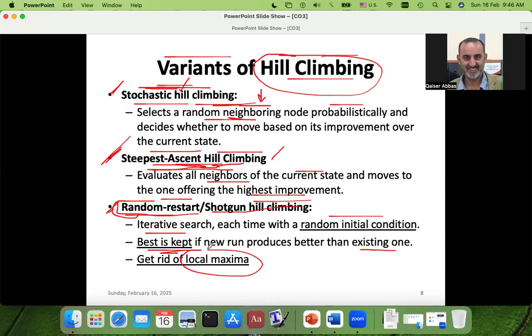So local maxima means all the local maximums; you will not get stuck on those. If you have many local maxima and one global maximum, then this random restart may iterate maybe 4 times, 5 times, 6 times, but finally it will reach the global maximum.